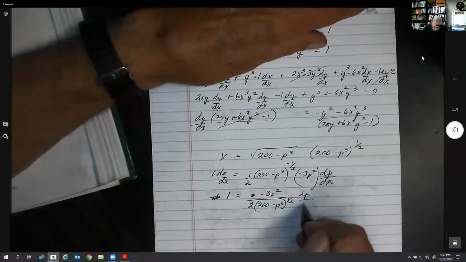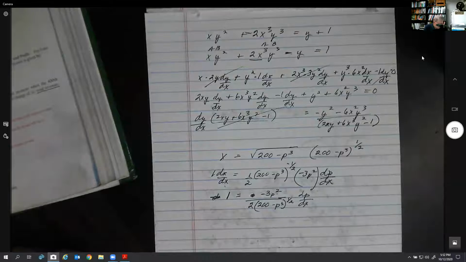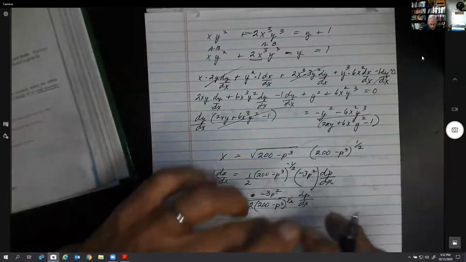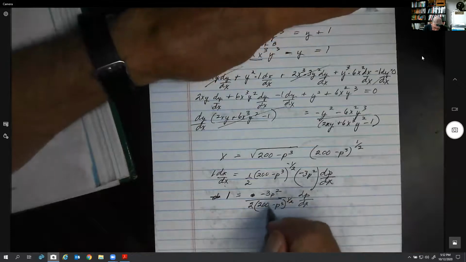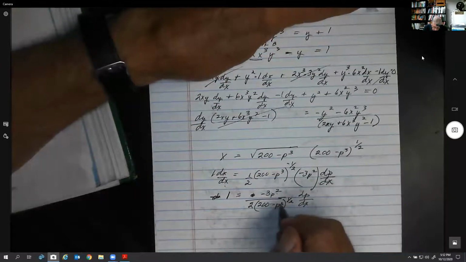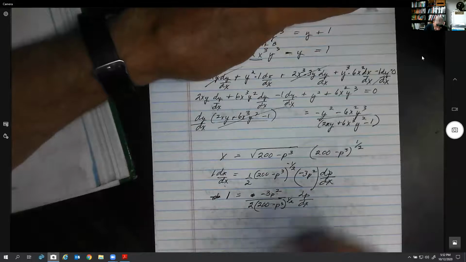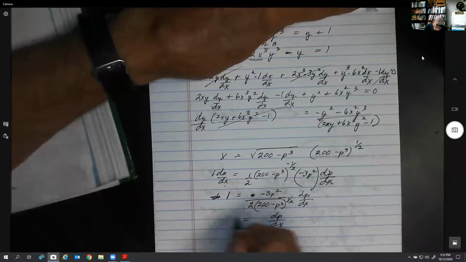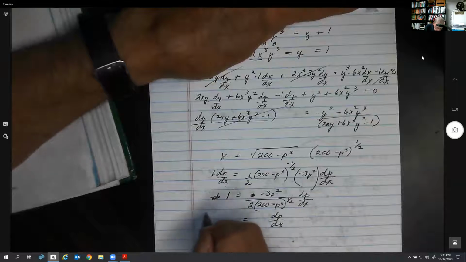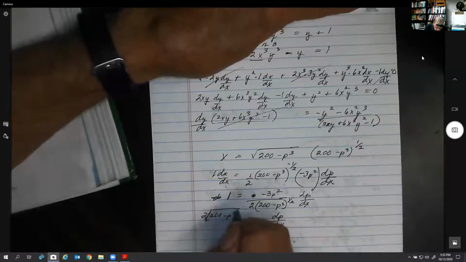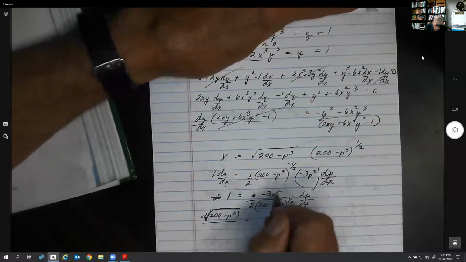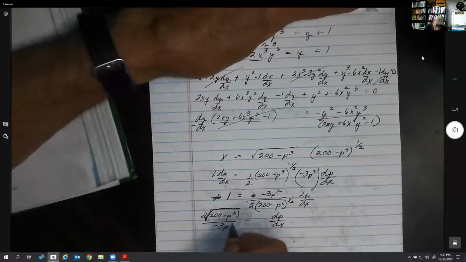dp dx. Okay, so they want to solve this for dp over dx. So what we're going to do is use the reciprocal of this. We're going to multiply both sides by 2 times, which is going to flip this over. In other words, dp over dx equals this times 1. So it'd be 2 over 200 minus p cubed, and we could put it under a square root if we wanted to, over negative 3p squared.